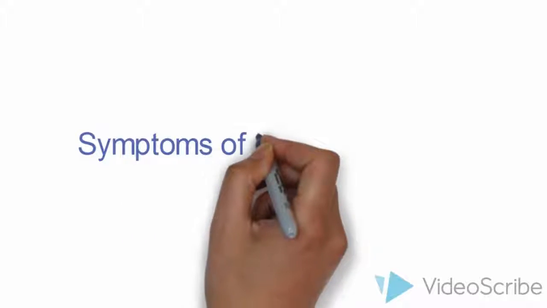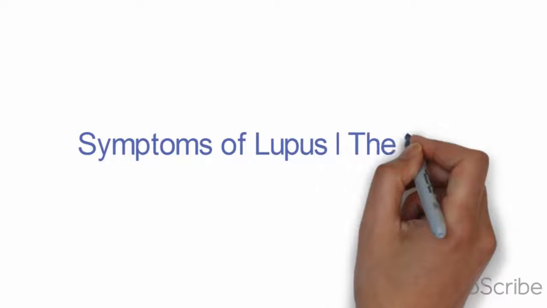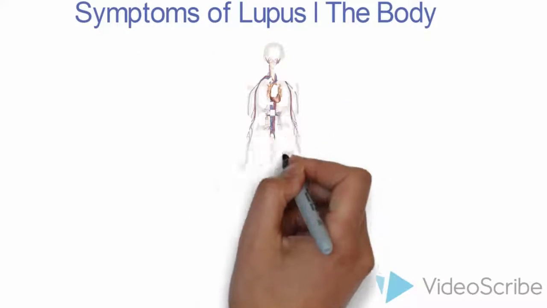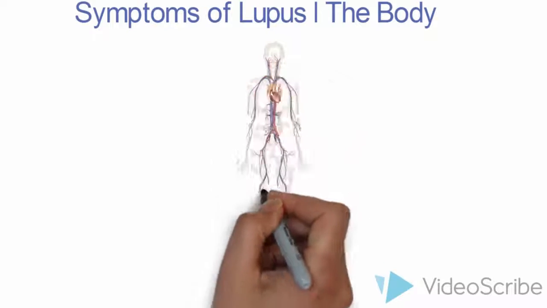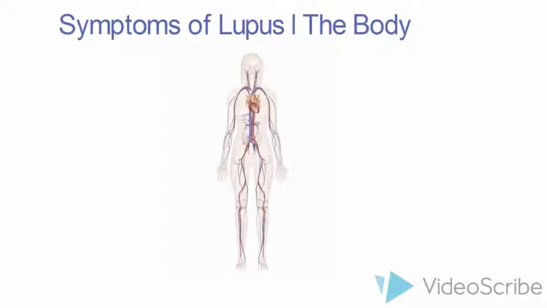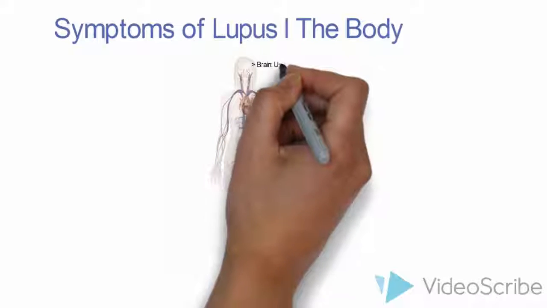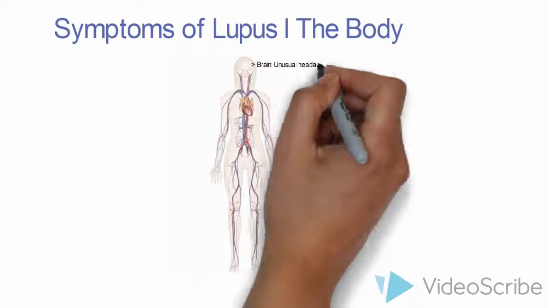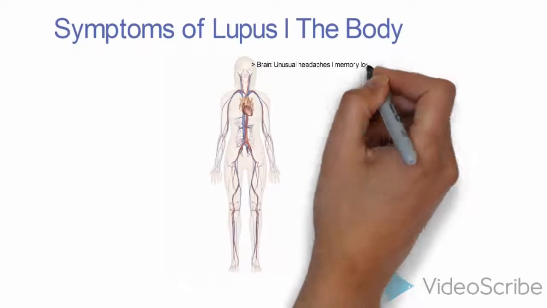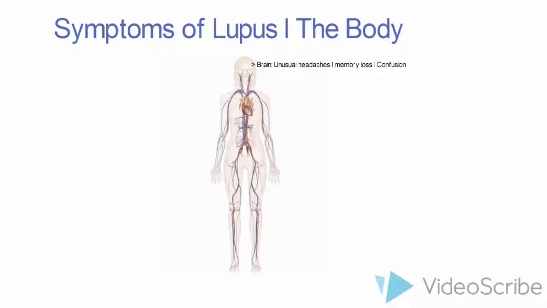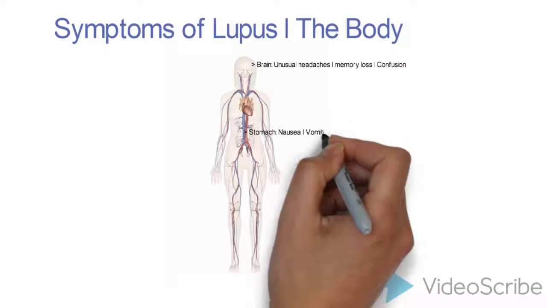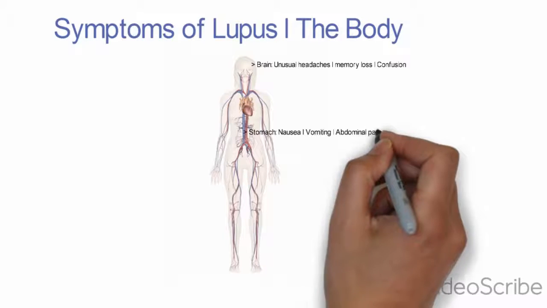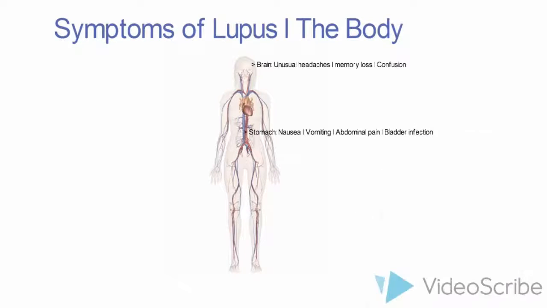Okay, symptoms of lupus in the rest of the body. First we'll talk about how lupus affects the brain. So with the brain, you'll usually have headaches, memory loss, and there will be confusion. And then with the stomach, you have nausea, vomiting, abdominal pain, and bladder infection.